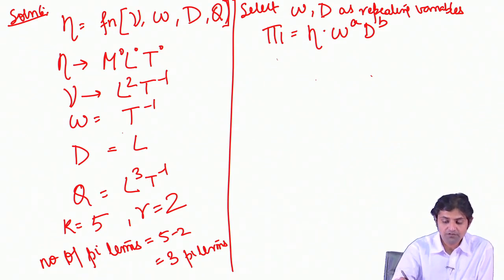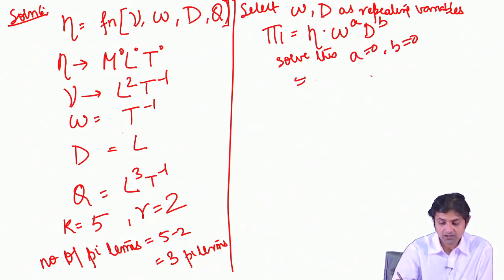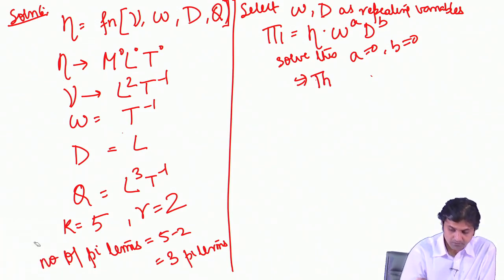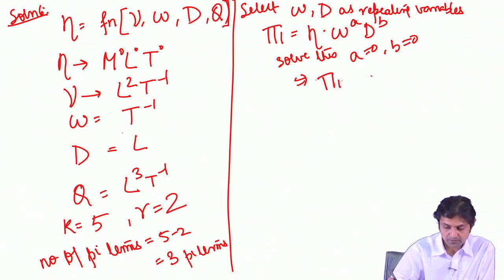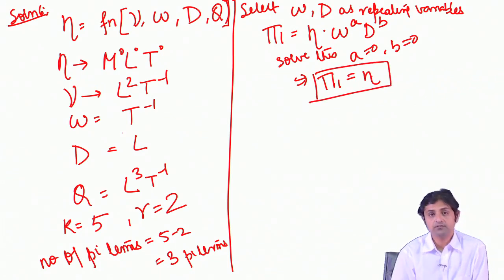And if we solve this, we get a equal to 0 and b equal to 0, which implies the first pi term is going to be eta itself. All right. Very simple to see that.